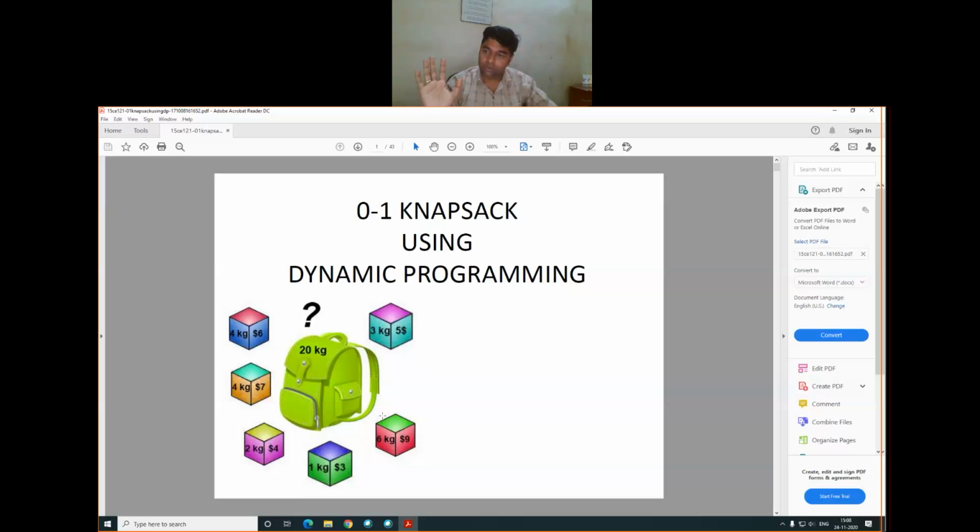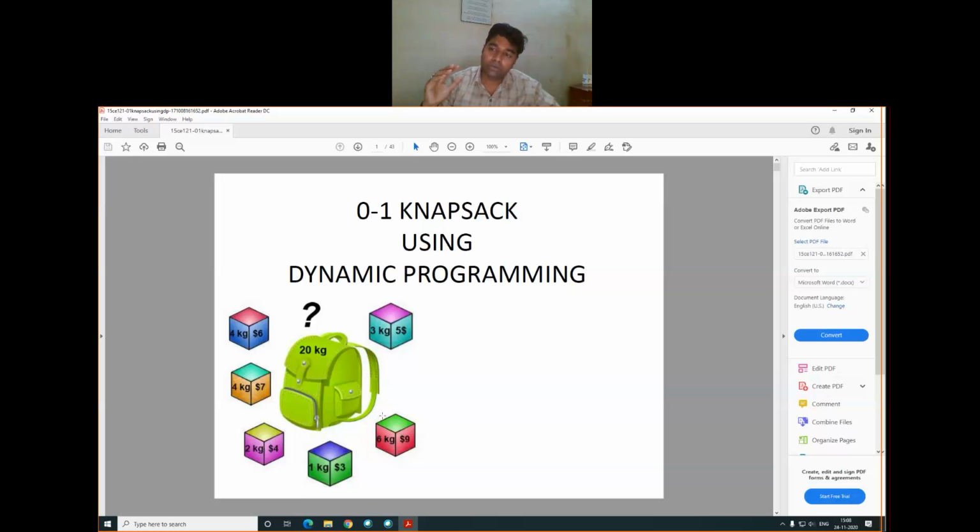And what is the 0/1 knapsack problem? It means we are not allowed to take a fractional part of any item. We have to take the whole item. Either it will be included in the knapsack, or it will be discarded or ignored completely. We are not able to fill the knapsack with a fractional part of an item.